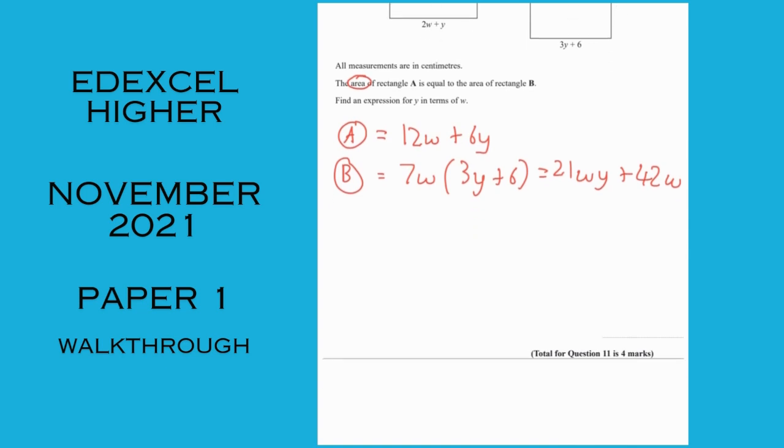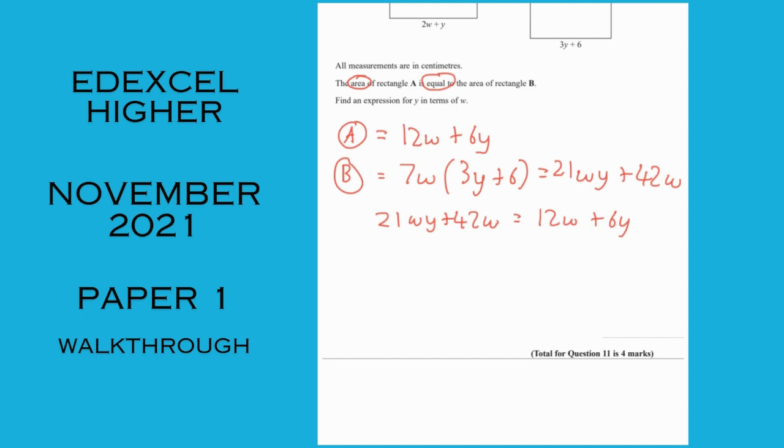And we are told that these two areas are equal. Let's put them equal. 21wy plus 42w equals 12w plus 6y.